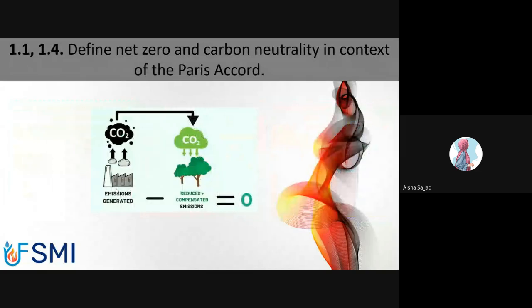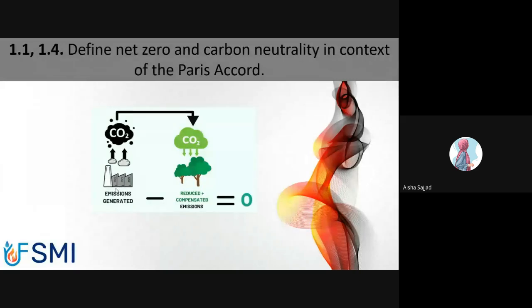Now, what is the difference between net zero and carbon neutrality? As I said, both of these are similar terms, but there's a difference. Net zero talks about all different kinds of greenhouse gas emissions and not just the carbon-based emissions. However, carbon neutrality talks about carbon-based emissions only.